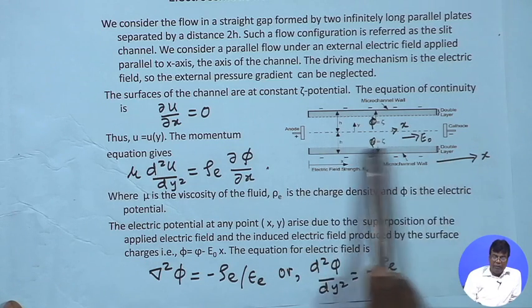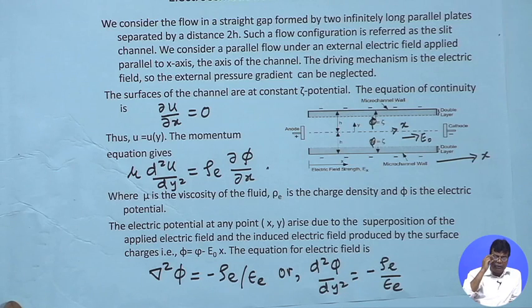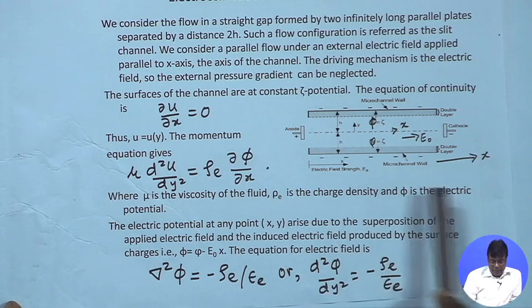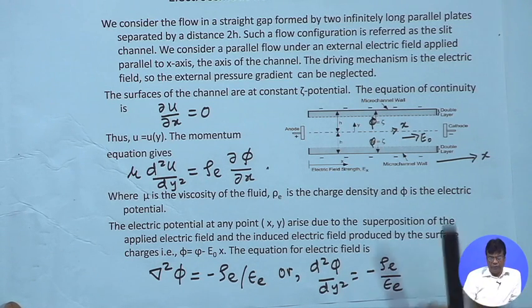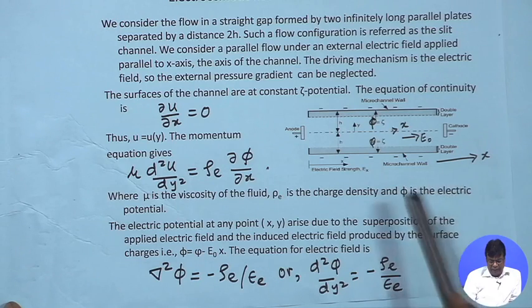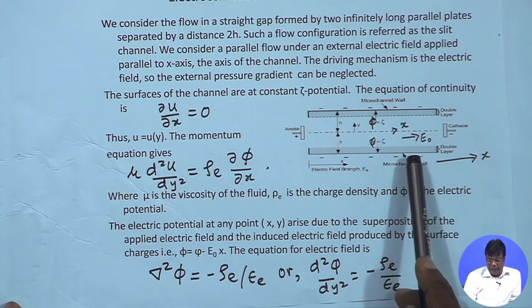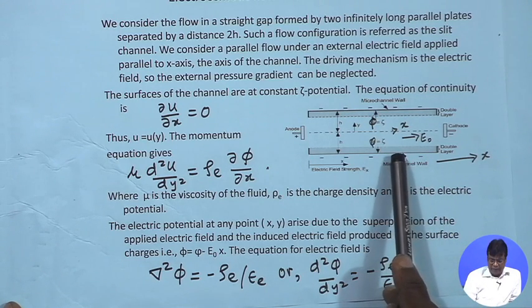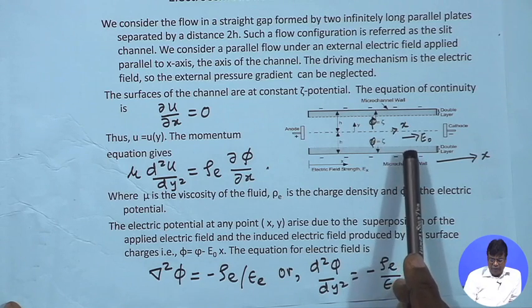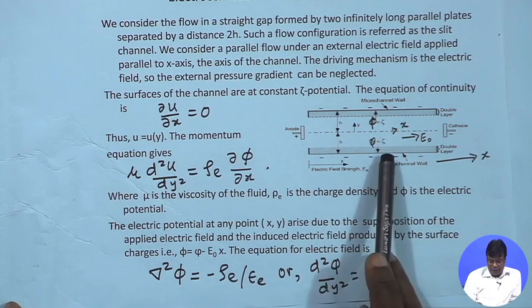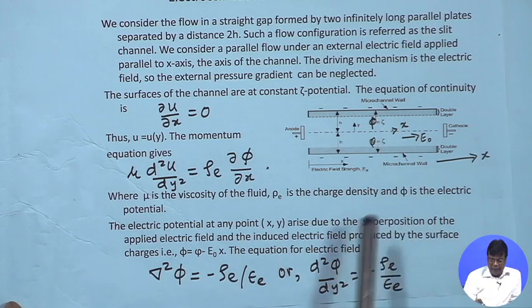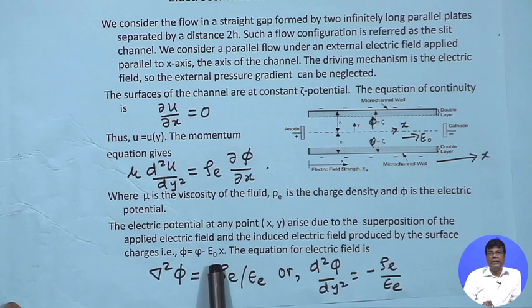Another is that because of this electric field, the ions will move, and this movement of the ions will induce an electric field that is caused by the surface charge of the wall, or the zeta potential. So, there are two components of the electric field, one because of the external electric field E0, which we have taken along the x direction.